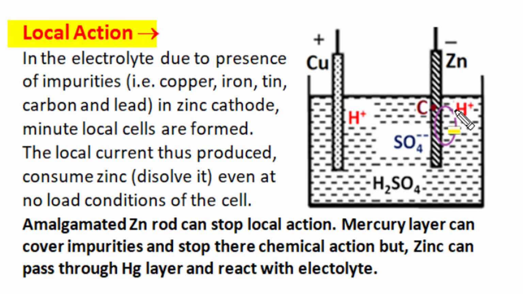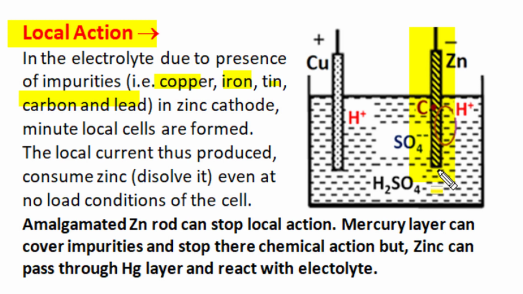Local action in a cell occurs when we place the zinc cathode in the electrolytic solution without external circuit connection. Local action is caused by the presence of impurities in the zinc cathode such as copper, iron, tin, carbon and or lead. Now these impurities act like an anode and form minute local cells.